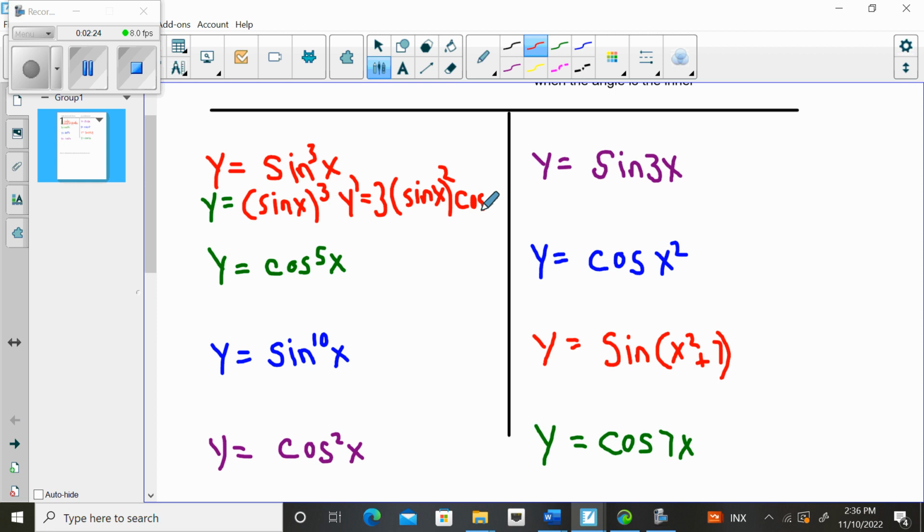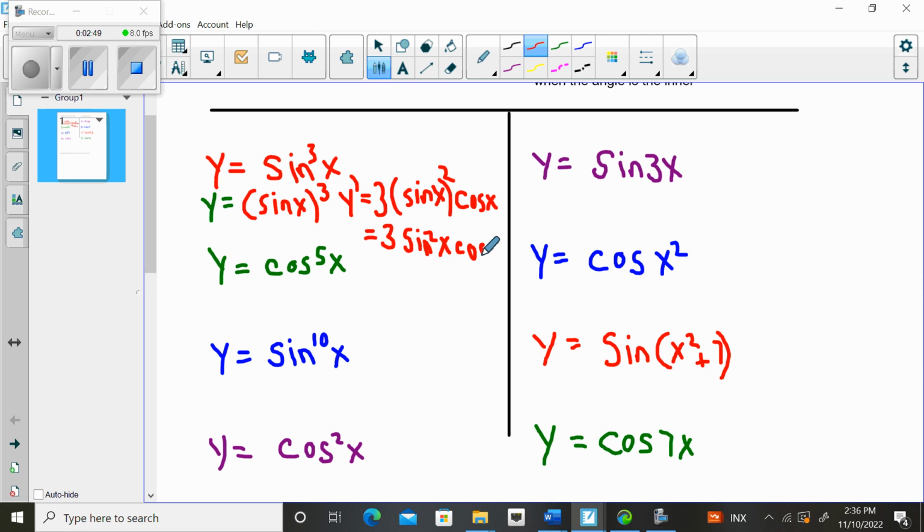I am okay if you leave your answer like that with the sine x in parentheses squared. If you rewrite it, make sure that the squared goes after the n, not after the x. So if you rewrite it, the proper way to rewrite it is like that.